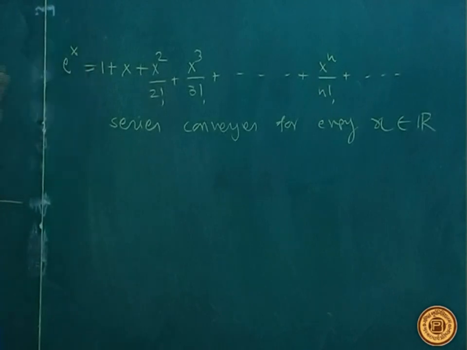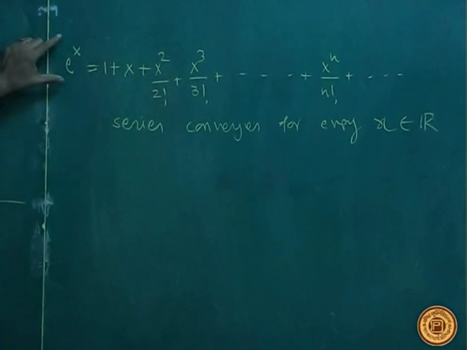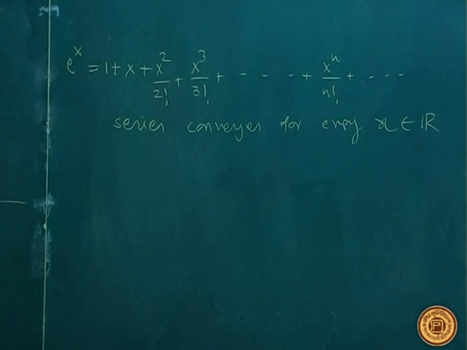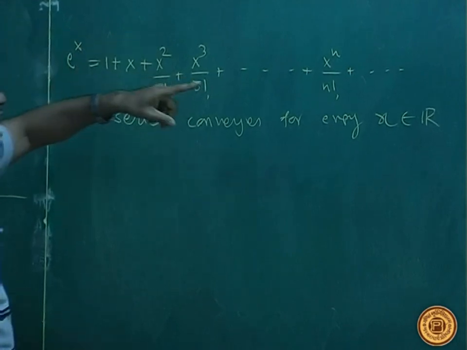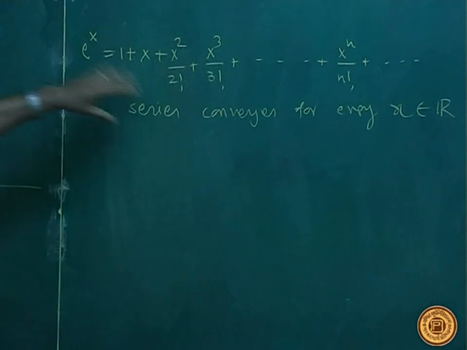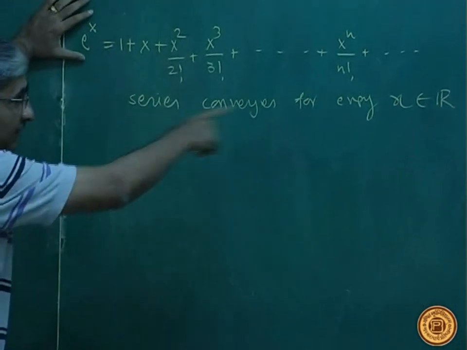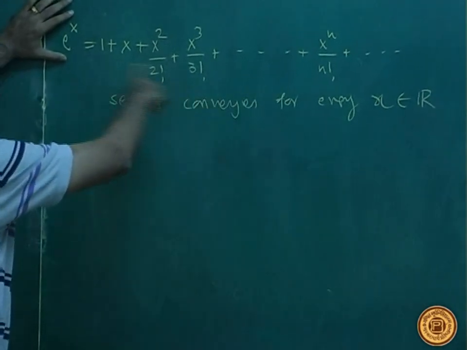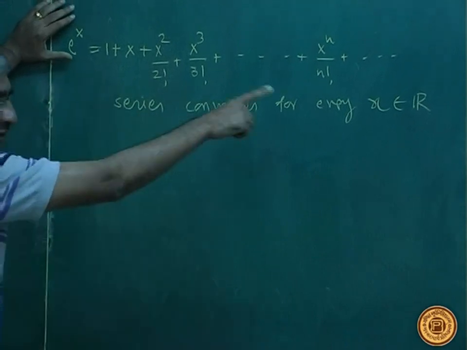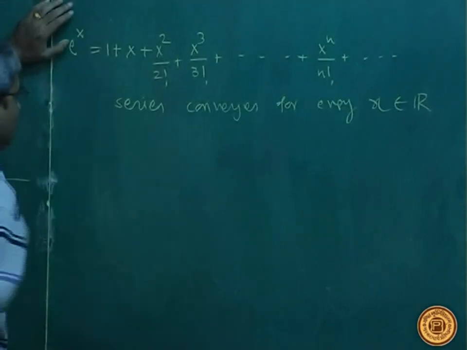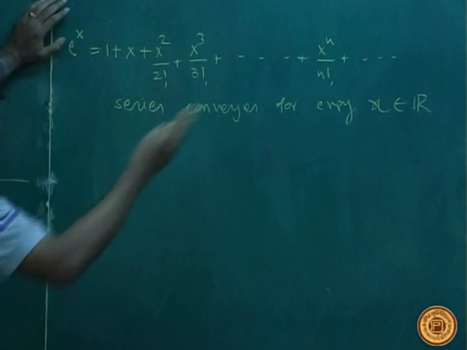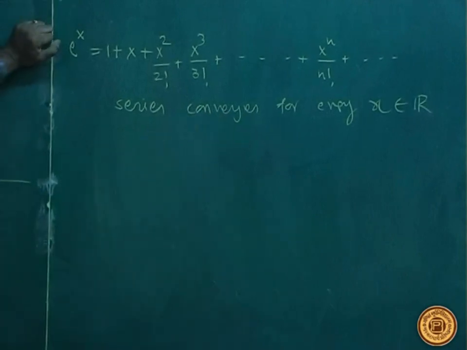So this is another way of defining e to the power x. Or after having defined e to the power x in so many different ways, you can say that it admits this expansion. This is nothing but the Taylor series expansion of e to the power x around 0 in the powers of x, that you call the Maclaurin series expansion of e to the power x.